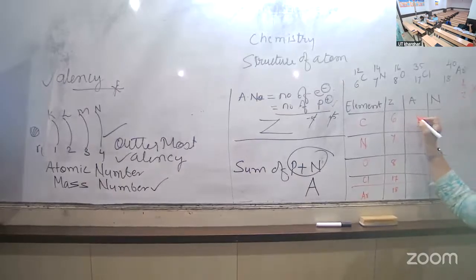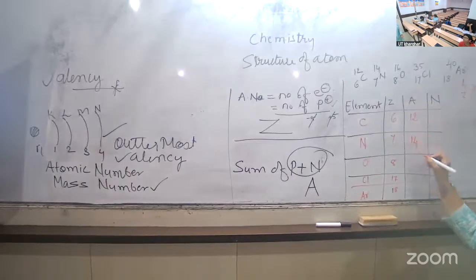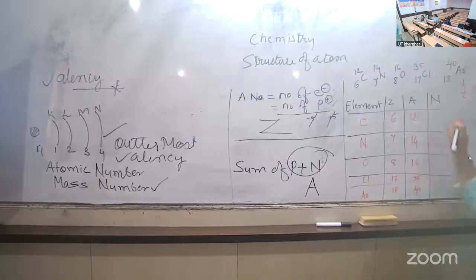So here for carbon 12, then nitrogen 14, oxygen 16, chlorine 35, then argon 40.